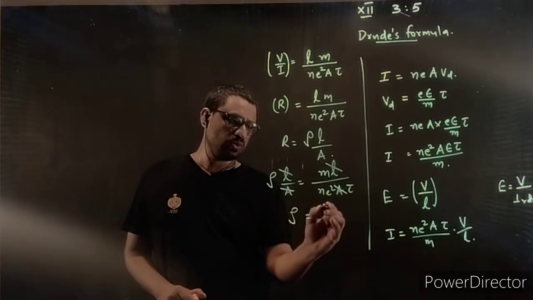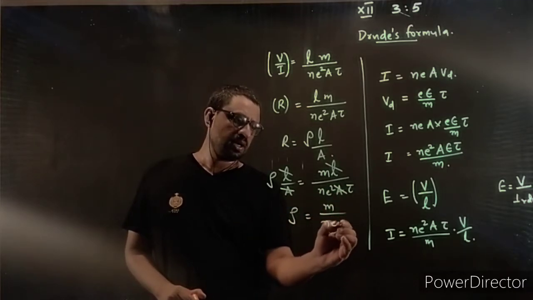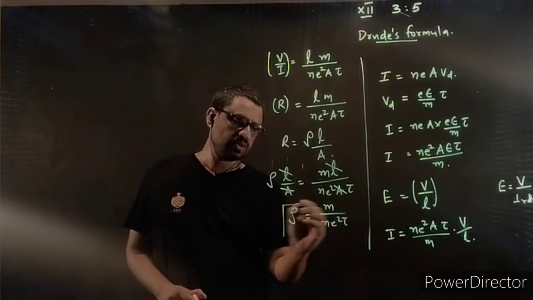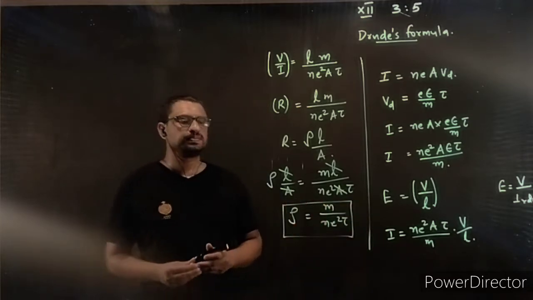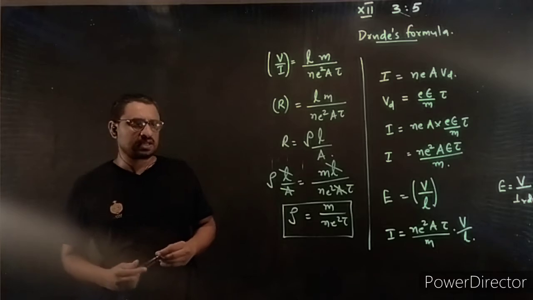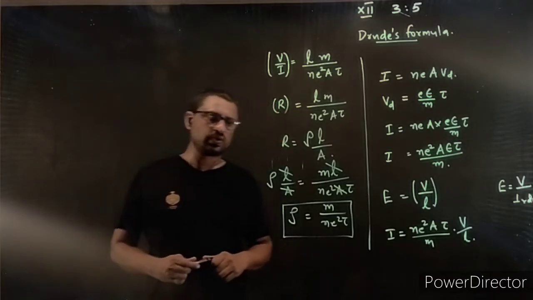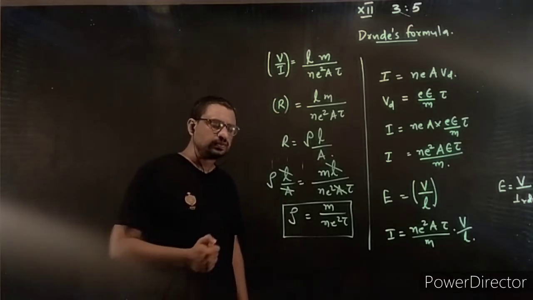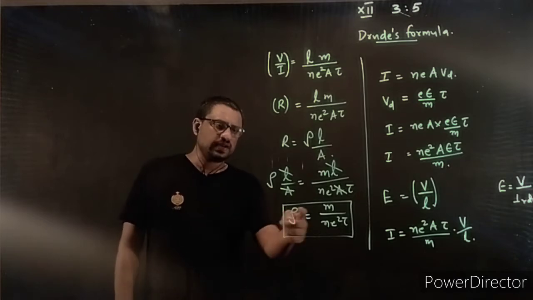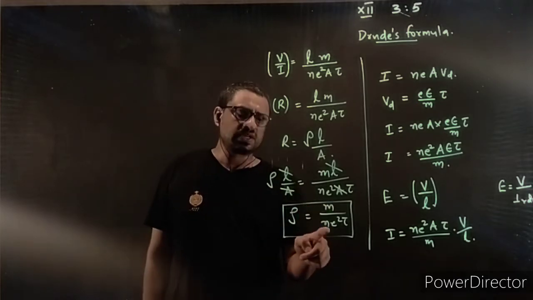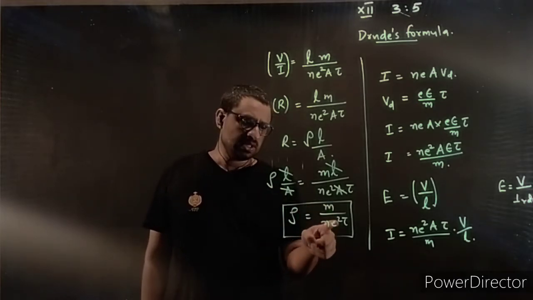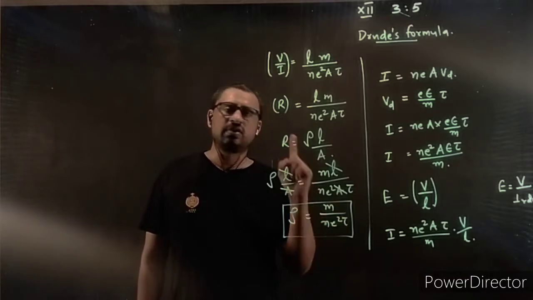So resistivity is equal to m by Ne square tau. This is what we call Drude's formula, which is the equation for resistivity in terms of mass of electron, number of charge carriers per unit volume, charge of electron, and relaxation time.